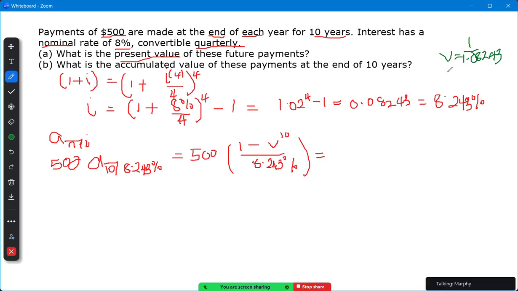So my v becomes 0.9238, and you can leave that with a 5 there. So that's the value of v. So you can see this, I'm going to raise it to the power of 10. Then whatever I get, I'm going to subtract it from 1. That'll be 1 minus, that's my answer.